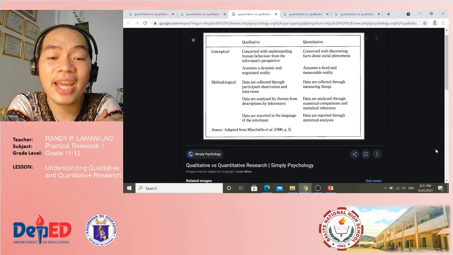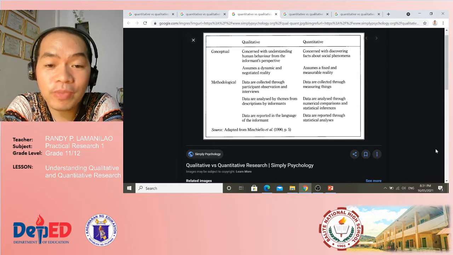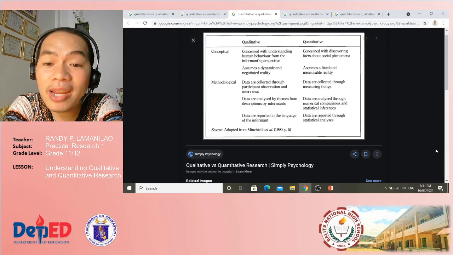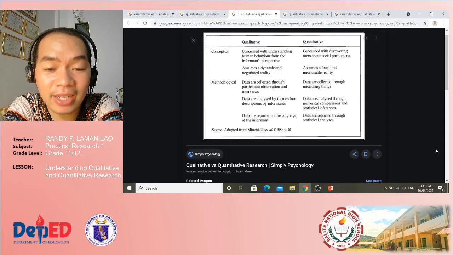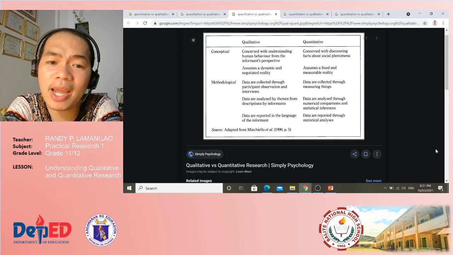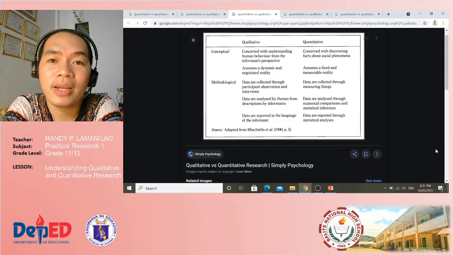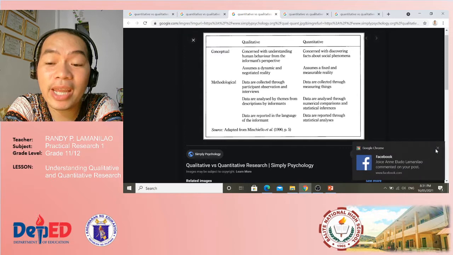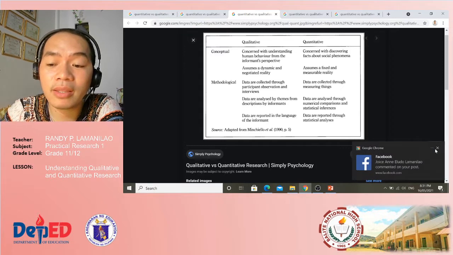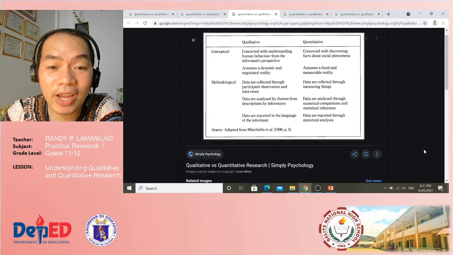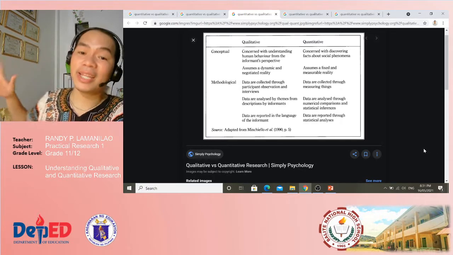Kapag quantity naman, i-discover ang facts about social phenomena using numbers. Alright? So qualitative assumes a dynamic and negotiated reality, while quantitative assumes a fixed and measurable reality. So what does it mean? Kapag qualitative, dahil kaharap mo yung ini-interview mo, nakikita mo, maa-negotiate mo yung reality.